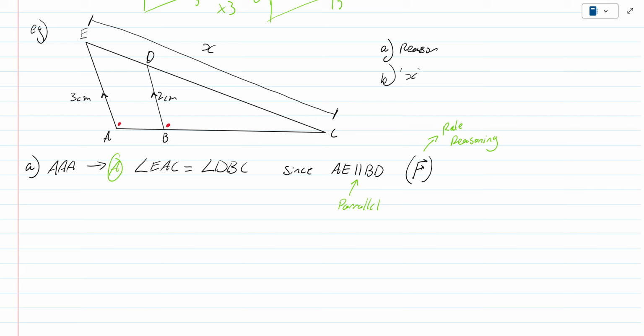The second is that angle AEC is equal to angle BDC, since AE and BD are parallel. So angle AEC and BDC are also corresponding angles.